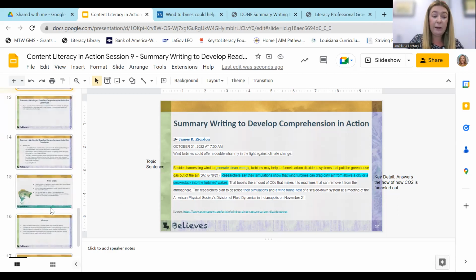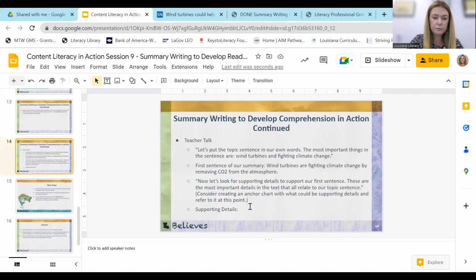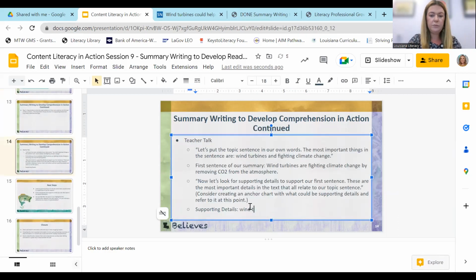Okay, so that would be one of our key details. And as much as you need to model, again, that answered the how question, as what they need in your model.